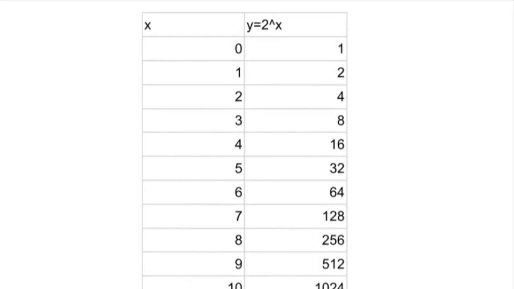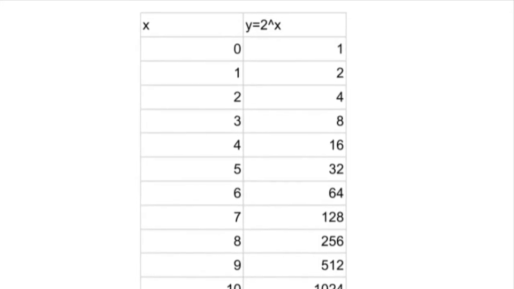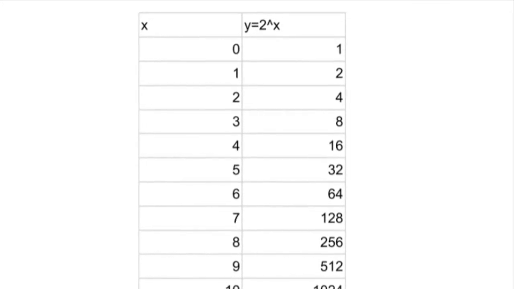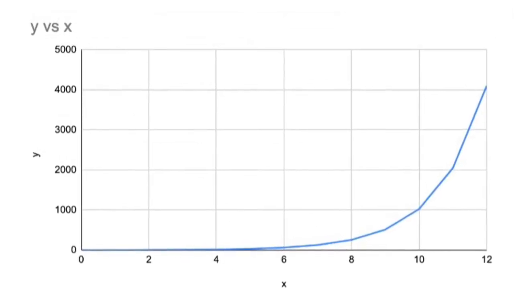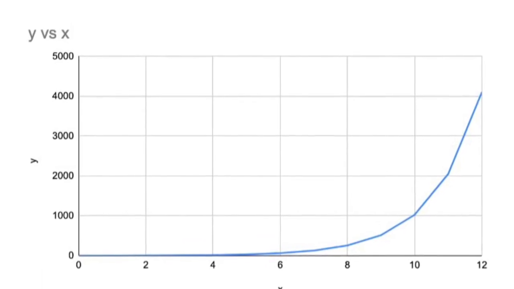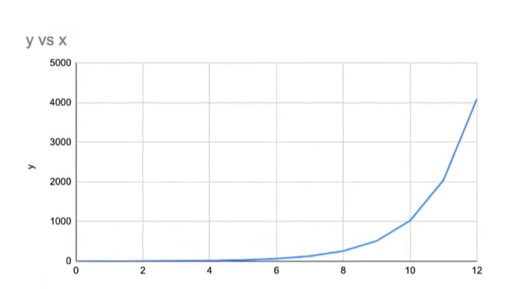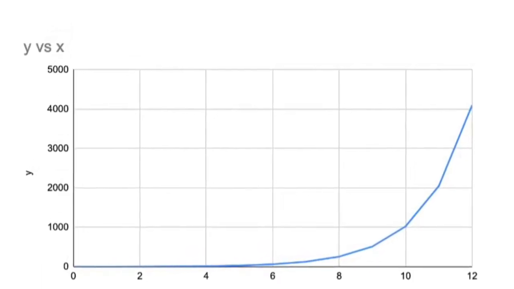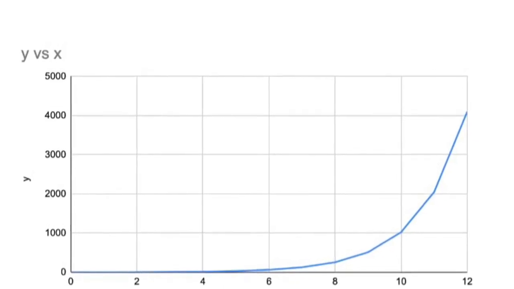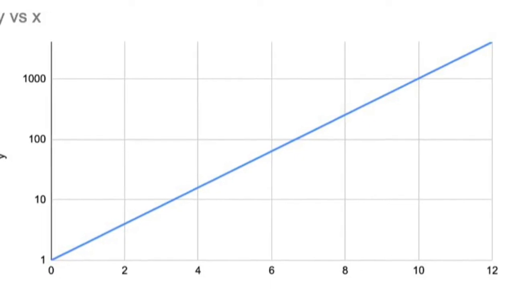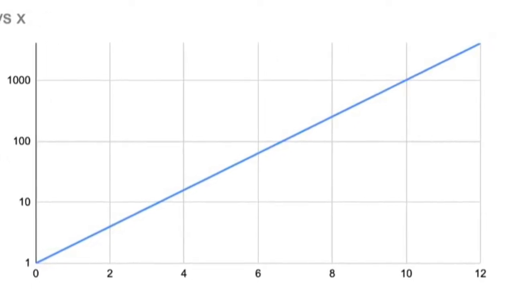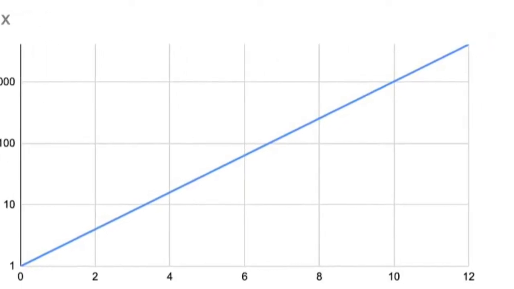So if I made a graph of that, and I did using Google Sheets, the graph would look like this. Now, what's really interesting is when I change the scale, instead of making it jump evenly, if I make it jump using a logarithmic scale, my graph, instead of looking like a sharp turn up, looks like a straight line.